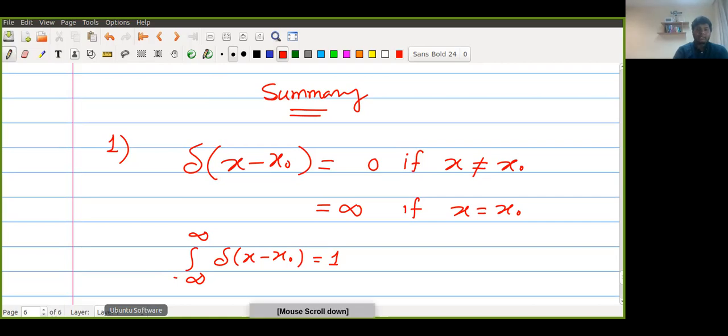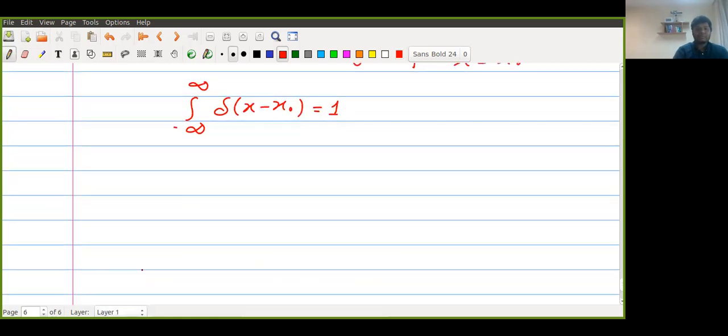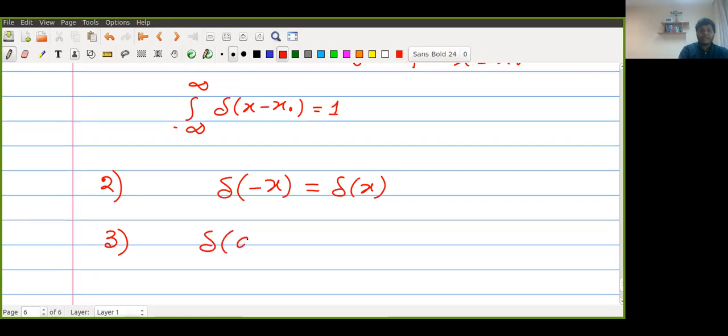The next thing we learned today is a few properties of the Dirac-delta function. The second thing: delta of minus x equals delta of x. Yes or no? Great. We learned delta of ax equals 1 by mod of a, delta of x.